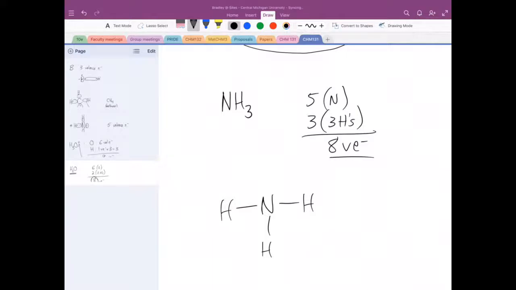Again, we don't build up additional electrons around the hydrogens. They're totally stable right now. So we've placed 6, and we just have 2 more to place, and that goes on the central atom, just like that. So this is the Lewis structure for ammonia, NH3.